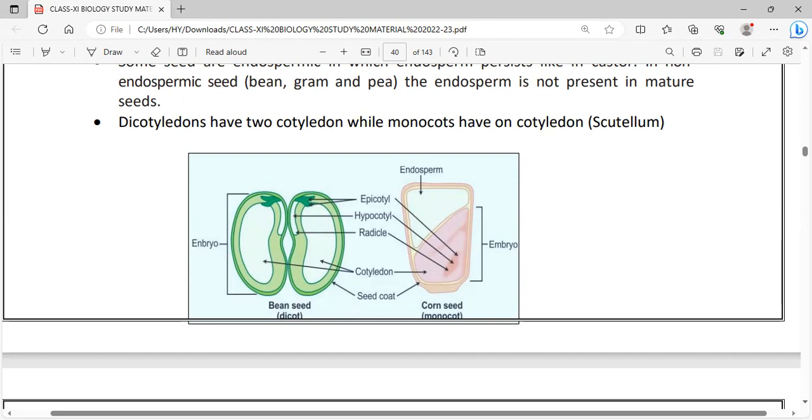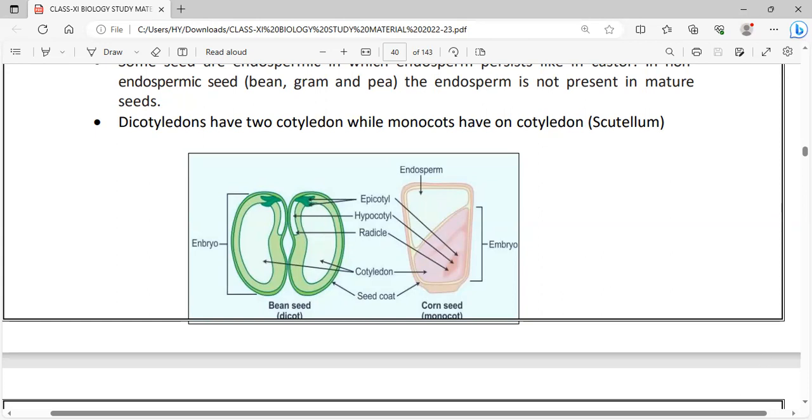And corn seed is the example of a monocot seed, whereas the bean seed shown next to it is an example of a dicot seed, because it is having two cotyledons.